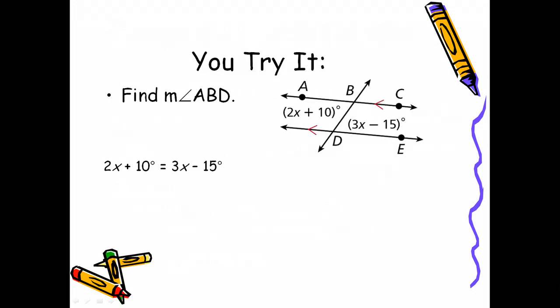Now you try it. Pause the recorder while you work this problem out. As you can see, we have alternate interior angles, so we can set 2x plus 10 equal to 3x minus 15 degrees.